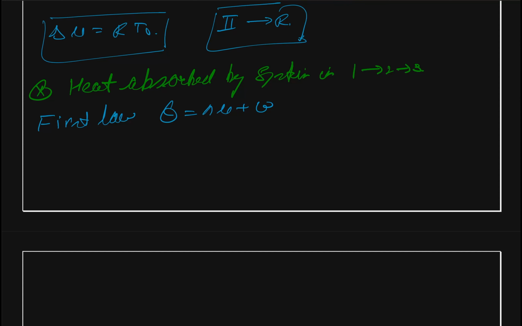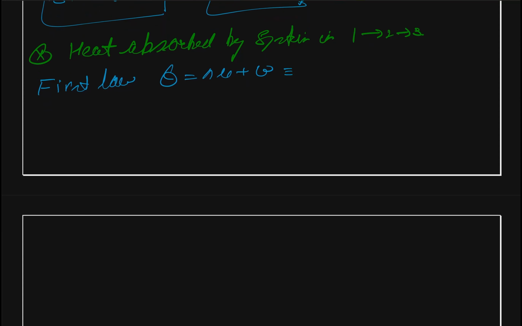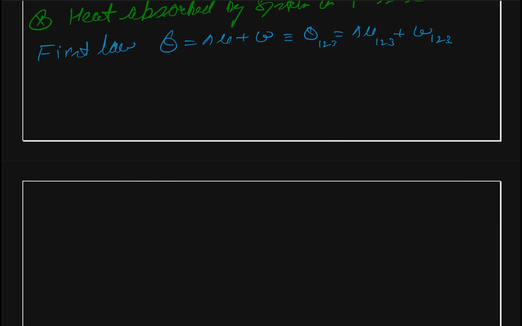Therefore, we can write that Q 1 to 3 is equal to the change in internal energy 1 to 3 plus the work done 1 to 3. We simply substitute the values. Q 1 to 3 is equal to R T0 plus 1 by 3 R T0, and this comes as 4 by 3 R T0.